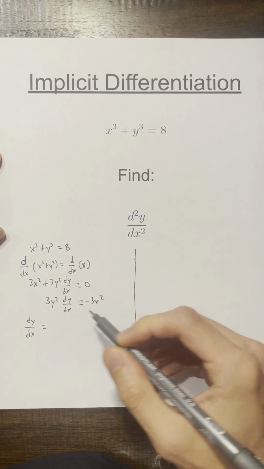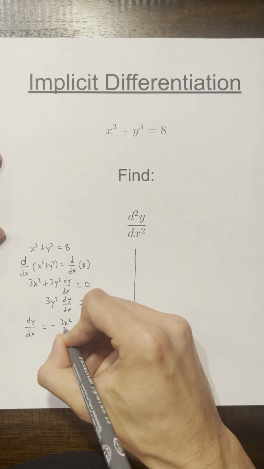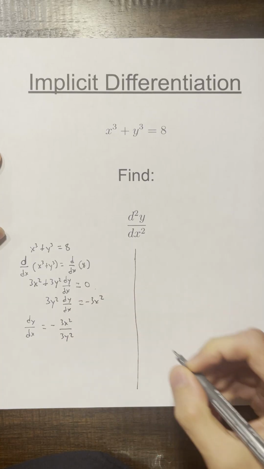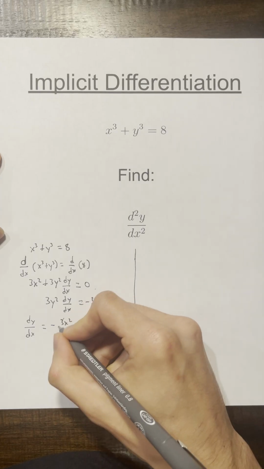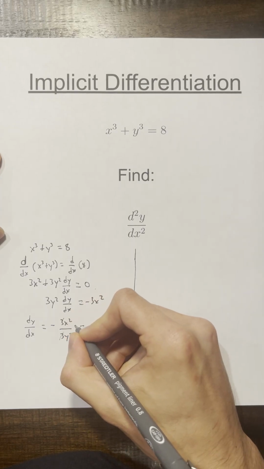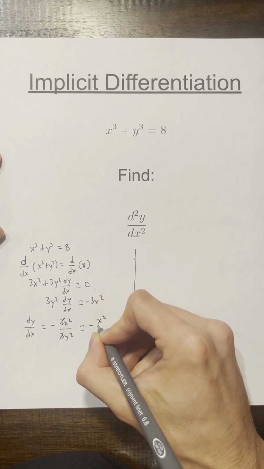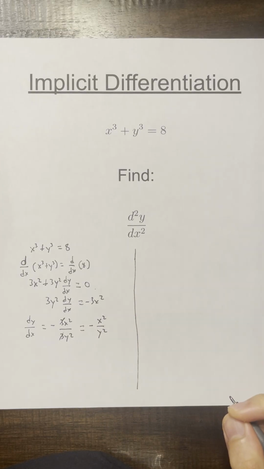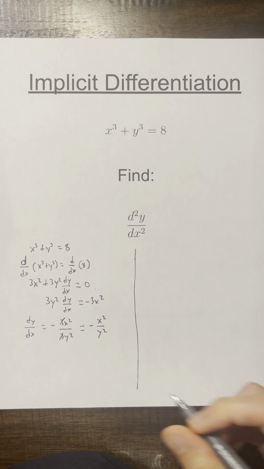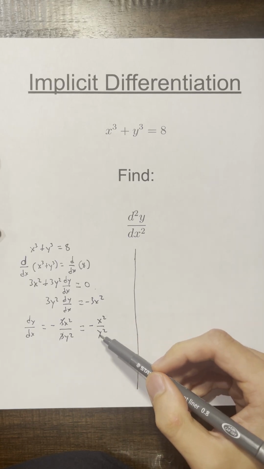I'm going to divide by 3y squared. And how do we simplify this fraction? The 3's cancel, so you're left with negative x squared over y squared. Okay, so we figured out dy dx is equal to negative x squared over y squared.